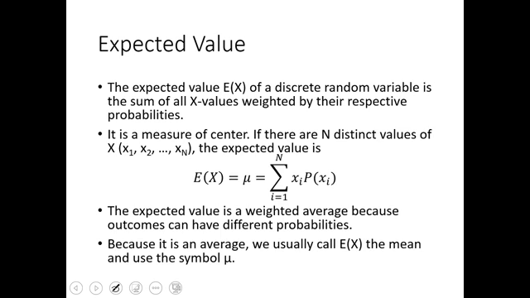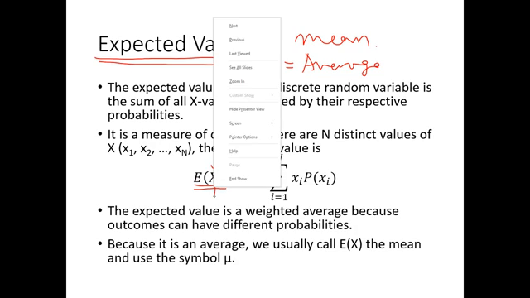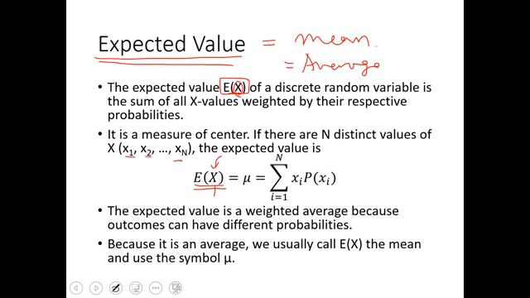So expected value is the same as mean or average. Mathematically they are all the same, but when we consider the random variable, we say that it is the expected value. We denote the expected value as E of X. In this case we have to use the uppercase, capital X, since the small x are all outcomes.